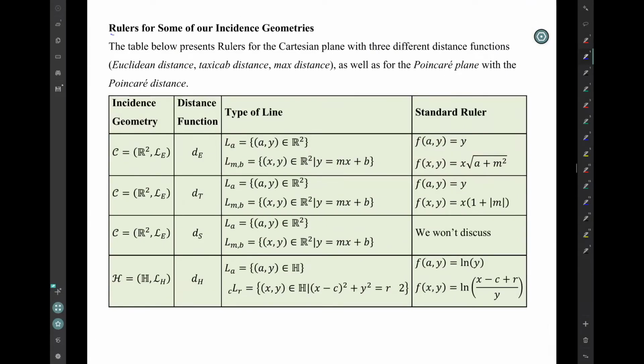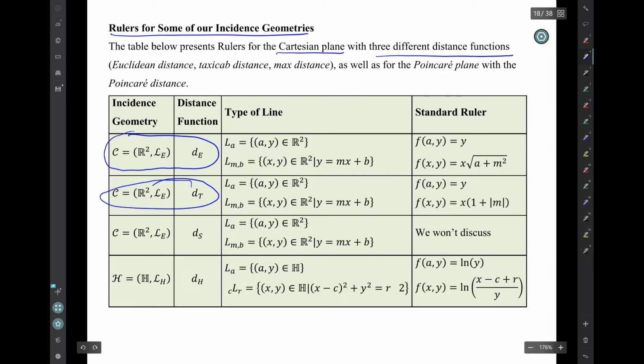So here are rulers for some of our incidence geometries. The table presents rulers for the Cartesian plane with three different distance functions: the Cartesian plane with the Euclidean distance function, the Cartesian plane with the Taxicab distance function, and the Cartesian plane with the max distance function. For each of those, I have to show that for each kind of line, for instance, in the Cartesian plane, for the vertical line, I have to come up with a ruler that works for vertical lines.